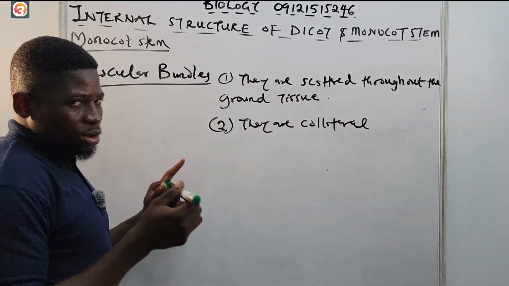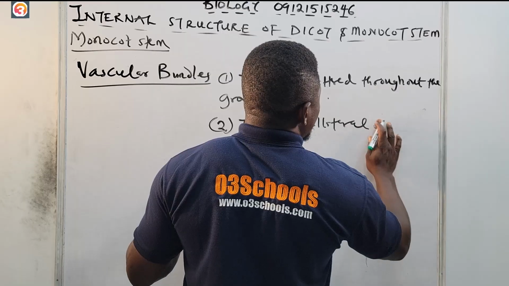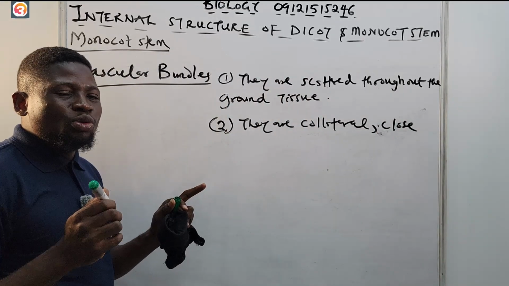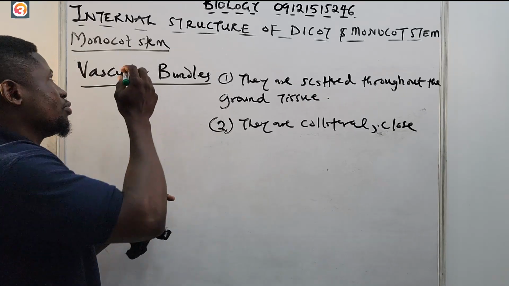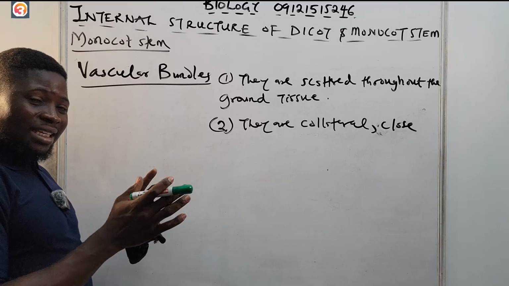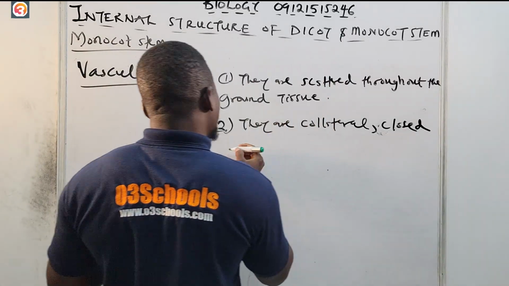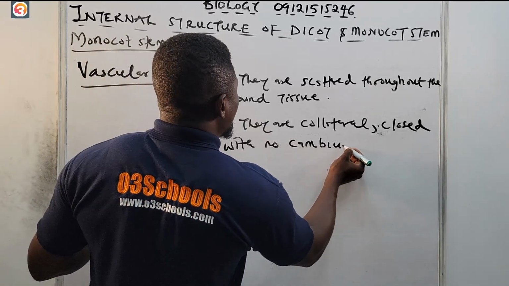They are closed. They are not open this time. And of course, they do not have cambium. Know that for the dicot stem, they are open and have a cambium in between them. This one, they are closed with no cambium.